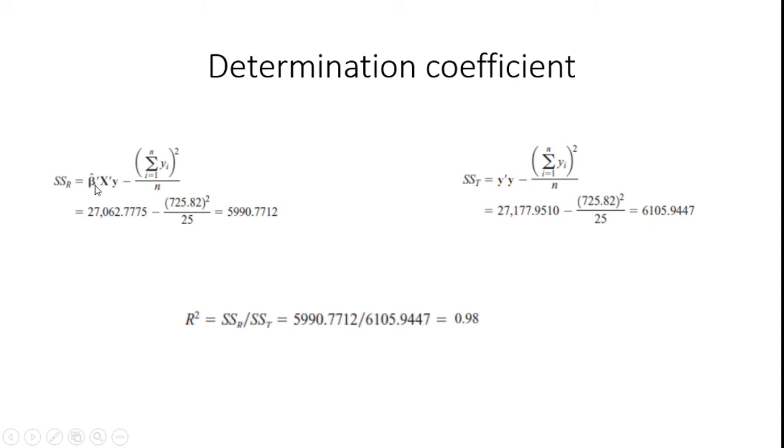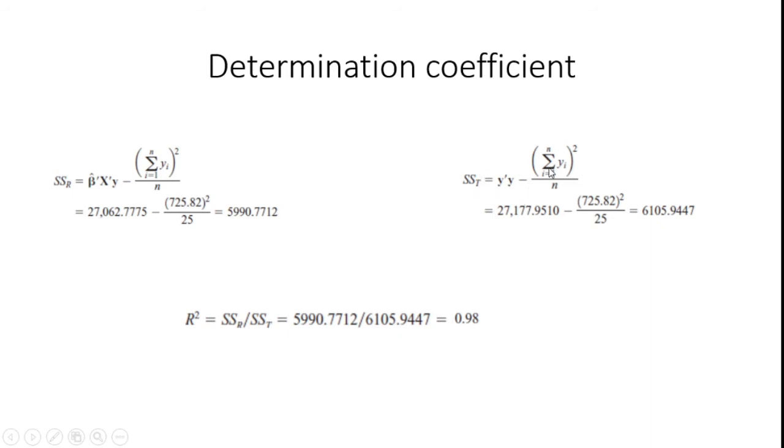SSR is equal to beta 1 bar, x dash y minus summation of yi, whole square, divided by n. Already we identified the beta, x bar and y values. I substitute these values and I got this rounded value, and also we know the summation of yi square. From that I substitute the value 725.82 whole square divided by 25, n is 25. From this I can get the SSR value.